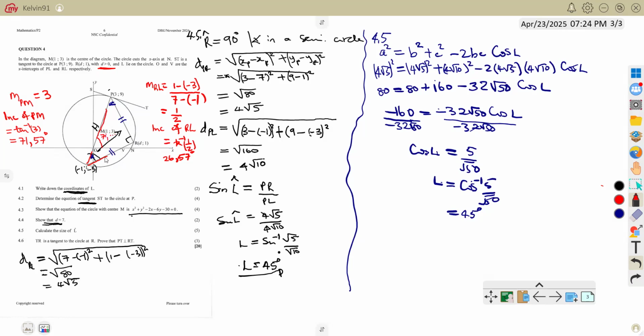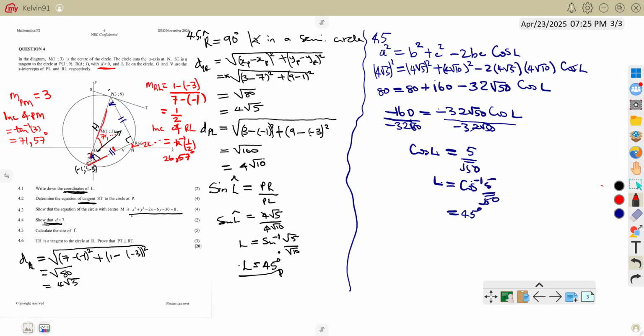Then we calculated the angle of inclination of LN, which is this one. We found it to be 26 point what. Then if you check, this angle is equal to this angle here.